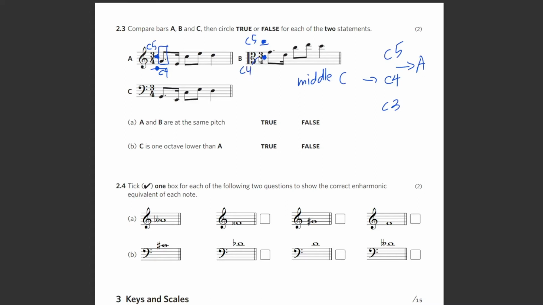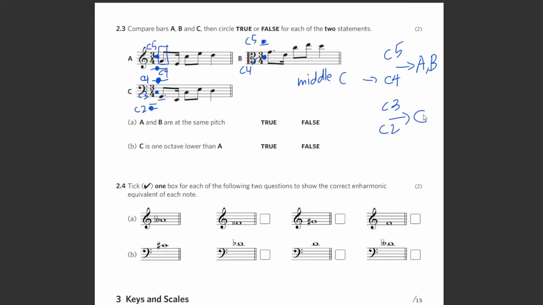So you know that B is in between C4 and C5 as well. Next, let's look at part C. This is middle C, C4. One octave lower is C3, and this one is C2. So you notice that this note here is in between C2 and C3. So this is bar C.